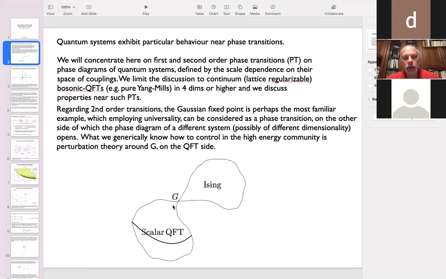And then we know that in the vicinity of this Gaussian fixed point, we can go closer and closer to the point, and the regulating scale, the cutoff of the theory, becomes larger and larger until it lands on the fixed point, and at that point, the cutoff becomes infinite.